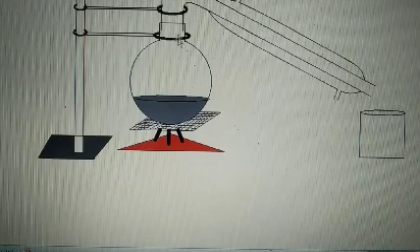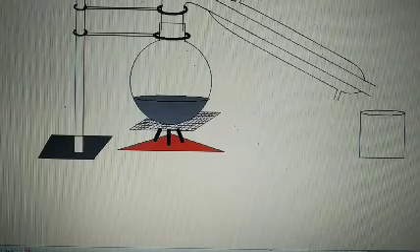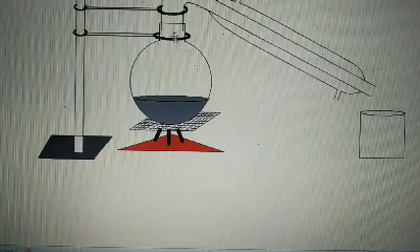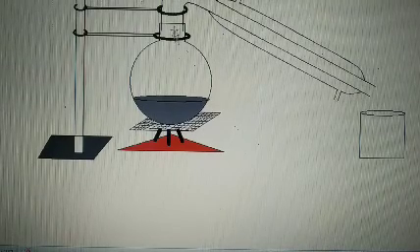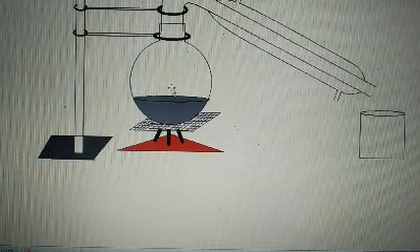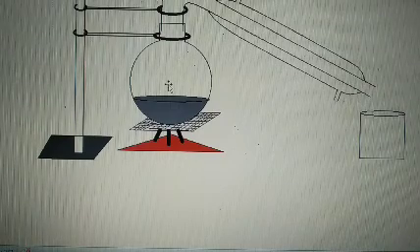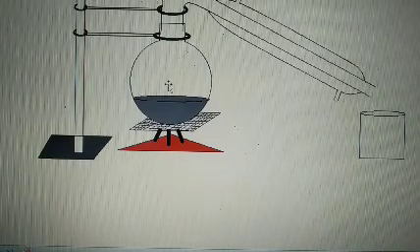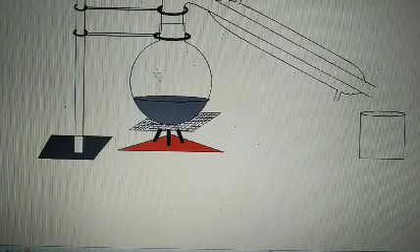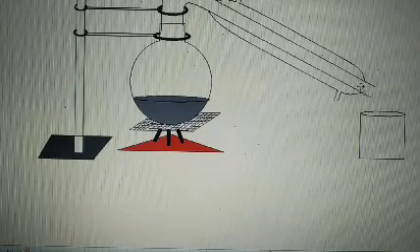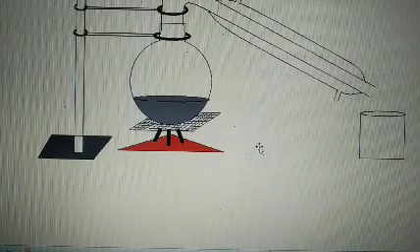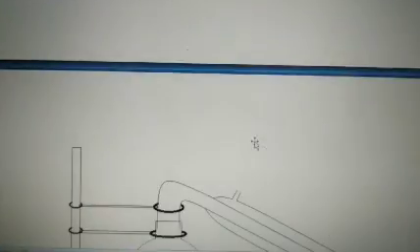So the composition variation is only in this gap. That means it is the evaporation, condensation, evaporation, condensation, that gives one pure component only. So that is the distillation of a binary mixture.